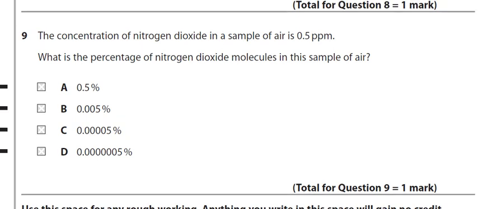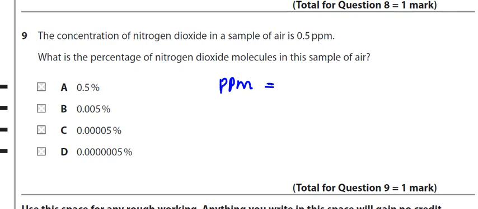The concentration of nitrogen dioxide in a sample of air is 0.5 ppm. What is the percentage of nitrogen dioxide molecules in the sample of air? So ppm is parts per million. ppm is used to represent the concentration of substances which are in trace amounts. So pollutants, especially in a sample of water or air, are represented by this unit of ppm, not in moles per decimeter cubed.